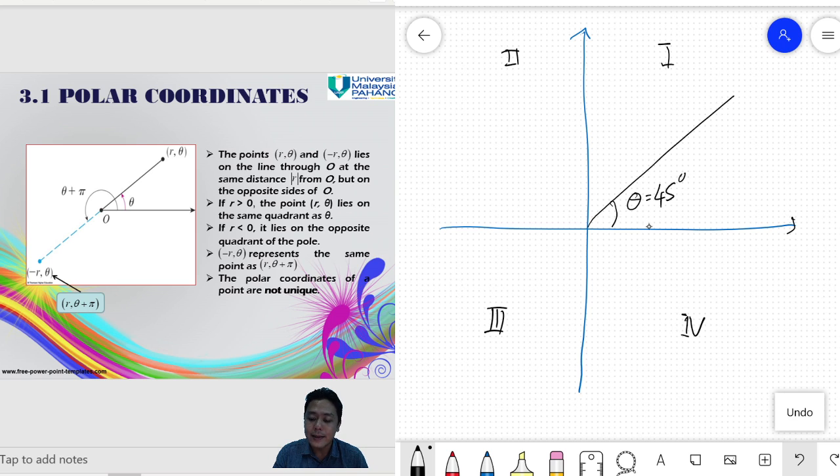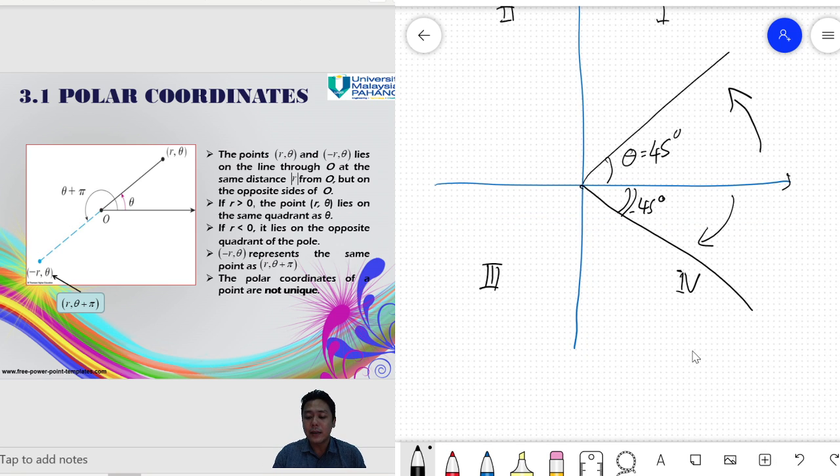We read this as 45 degrees if we move from the horizontal axis anti-clockwise, so it will be in this arrow. And if we move clockwise, for example still 45 degrees, this will be negative 45.